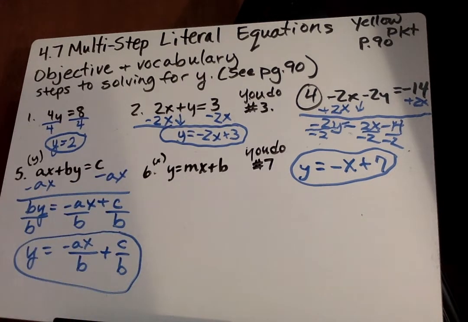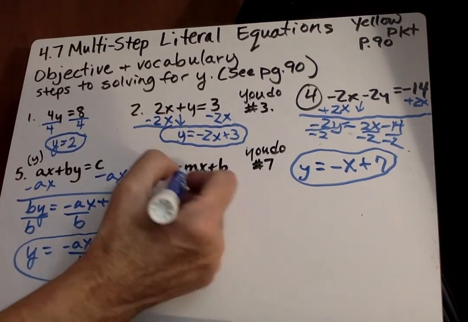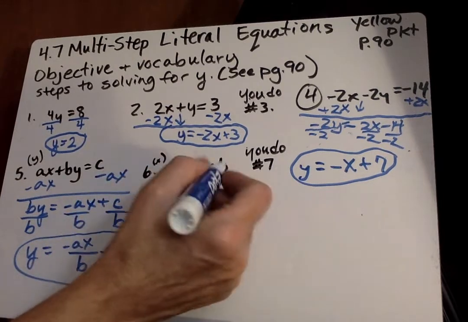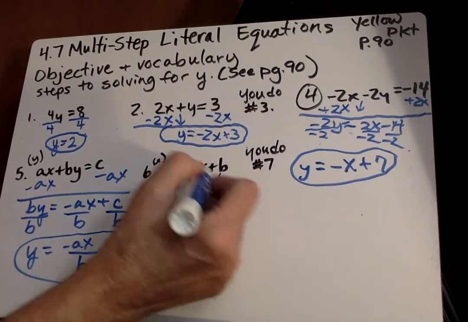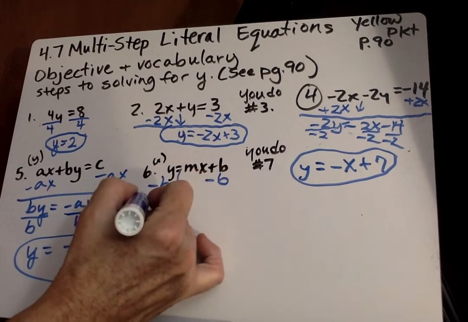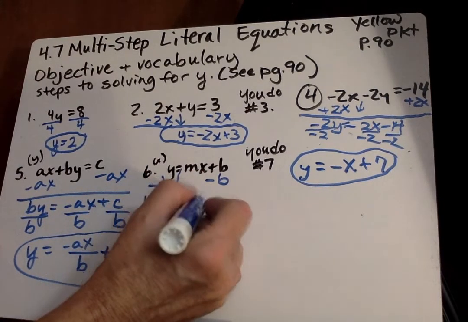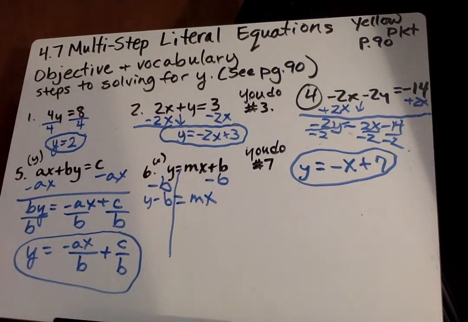Okay, next we're going to go on to number 6, where we're solving for x. So we want to get x by itself. This time we're not solving for y, so I get minus b. I get rid of everything around x. So it says y minus b equals mx. That means m times x.